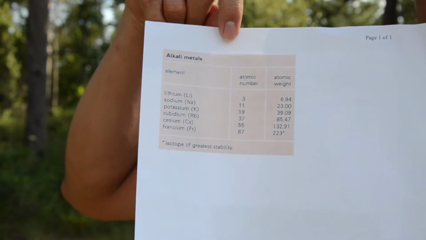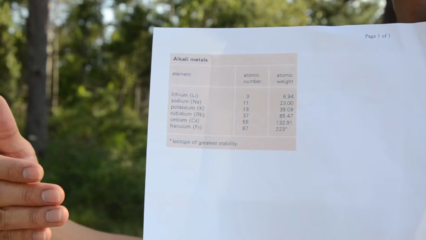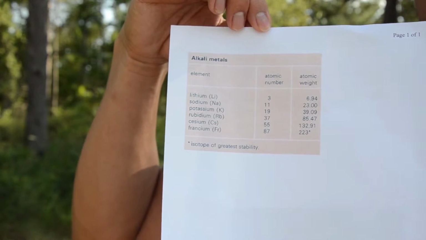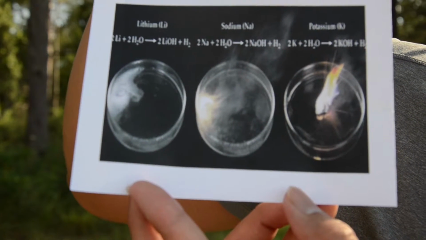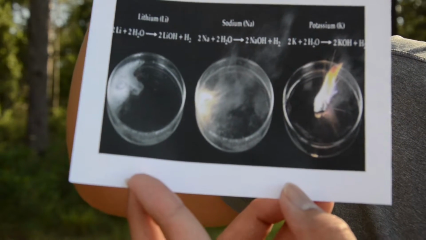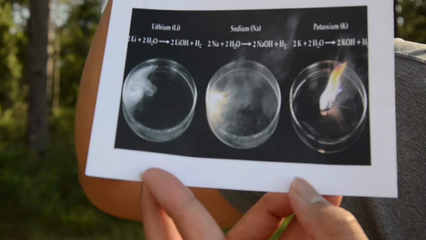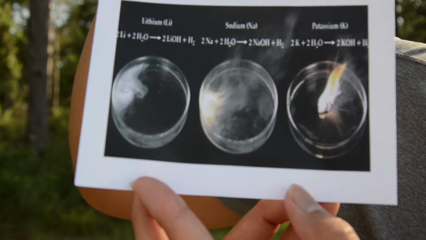Since the ionization energy decreases as we move down the column, the relative reactivities of the alkali metals tend to increase. The lower the ionization energy of an alkali metal, the greater tendency it has to lose its electron and the more reactive it is.